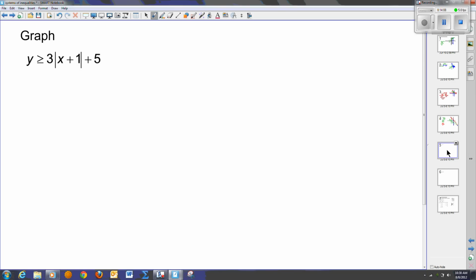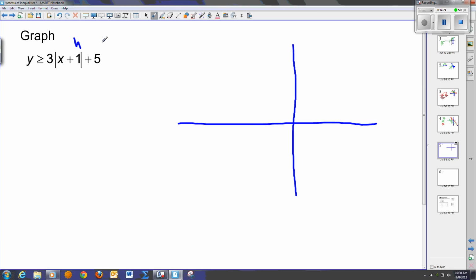We're going to do a quick review now. Let's graph the absolute value function, which we did yesterday, I believe, maybe the day before. We know that the 1 represents our h value, and the 5 represents the k value.